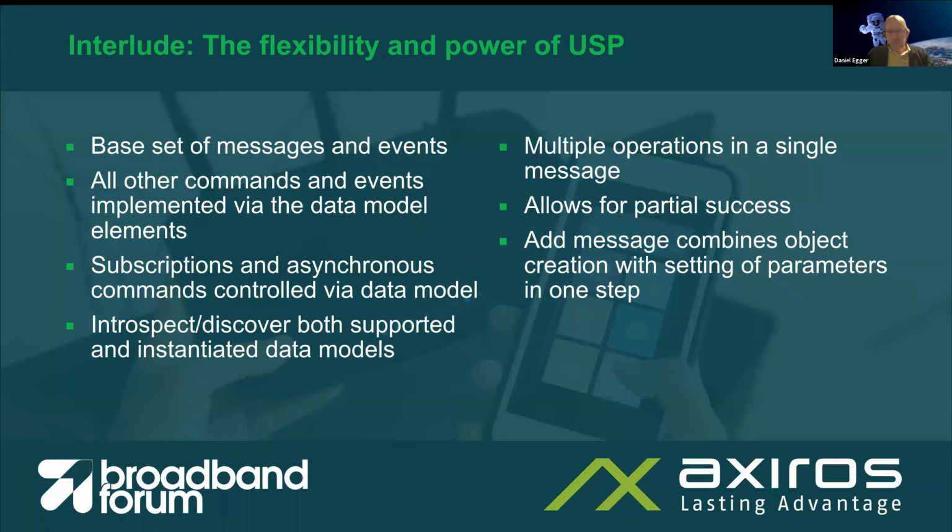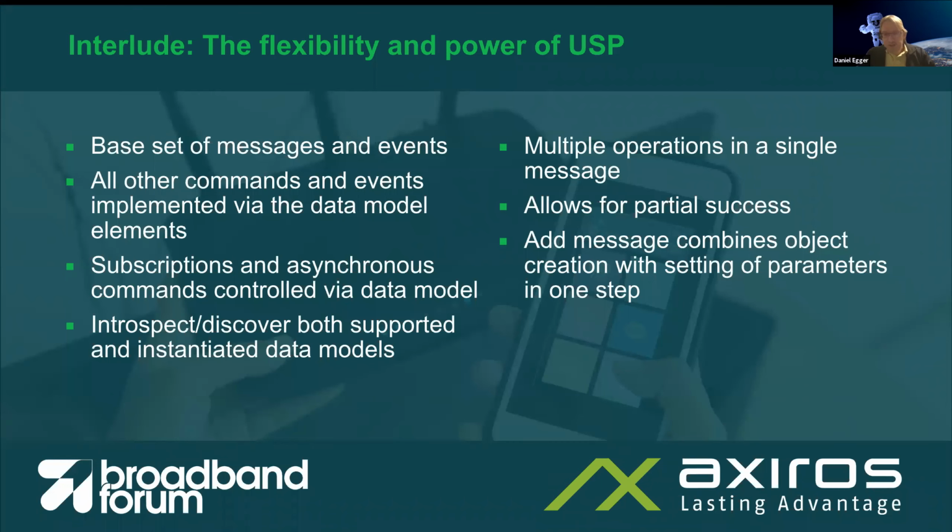So you could basically in the next step set parameters in that particular object, but this is now actually combined in one add message, and most of the objects in USP are actually immutable. So once you've created them, you cannot change them again. So you need to set the parameters right while you're creating the object.